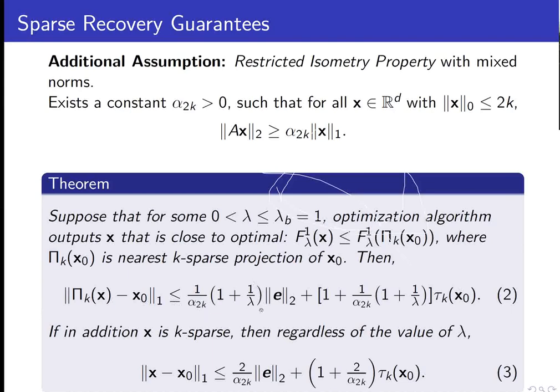One is some constant times the norm of the measurement error we had. And the other one is another constant times how sparse the original vector x0 was. Tau k of x0 is exactly the residual L1 norm of x0 beyond its k largest coefficients. If x0 was k-sparse, this quantity on the right-hand side is exactly 0.